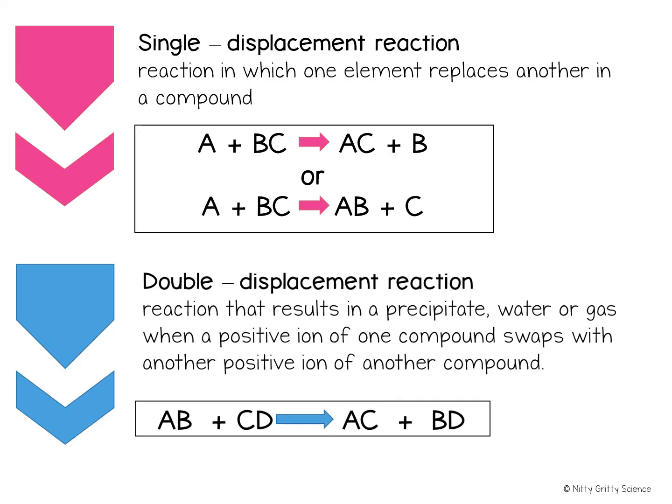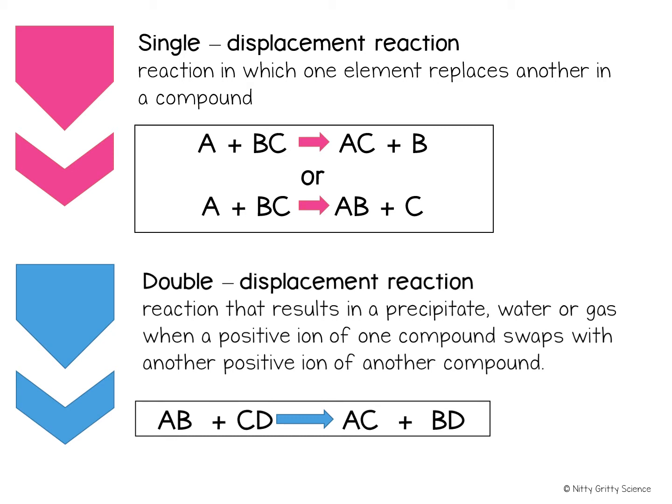Let's get back together. Well, this silly analogy is how I picture a single displacement reaction, where one element replaces another element in a compound. So in the example, you can see atom A displaces atom B to produce a new molecule AC. And A could also easily displace atom C to produce an AB molecule.